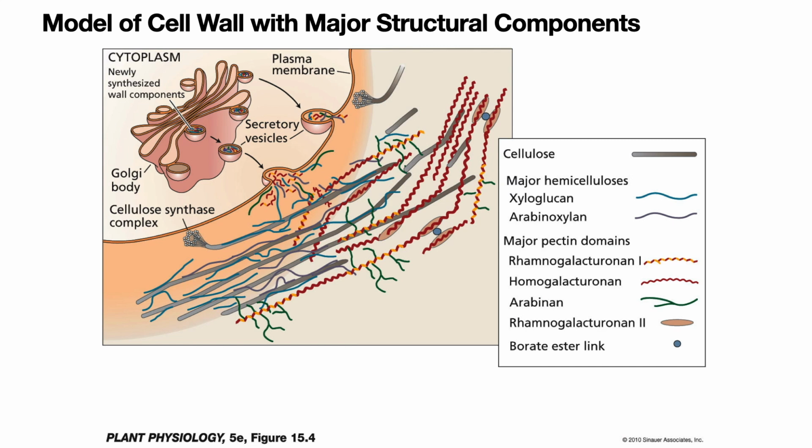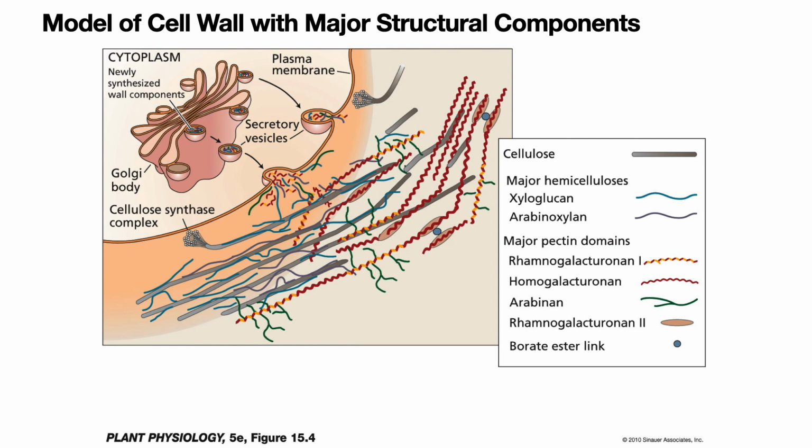One component uses Golgi vesicles to deliver precursors to the cell wall by a process known as exocytosis. These secretory vesicles merge with the plasma membrane and release the contents of those vesicles out into the cell wall space. The components delivered are largely made up of the hemicelluloses and pectins that are incorporated into the cell wall. By some manner, they get integrated into the wall structure. Also shown here is a cellulose synthase complex.